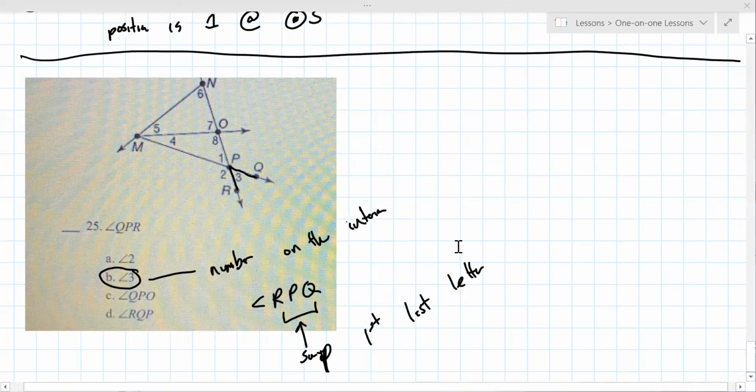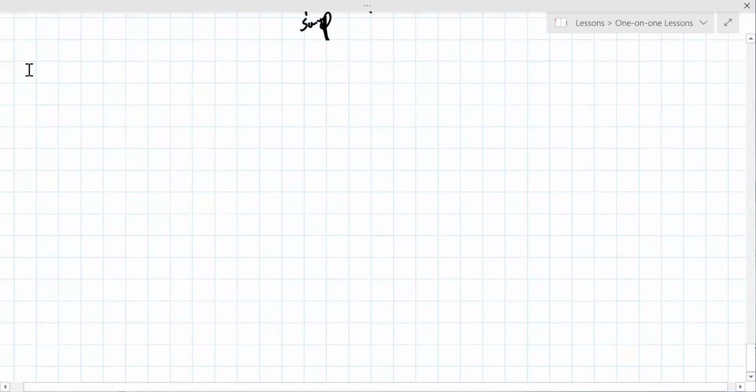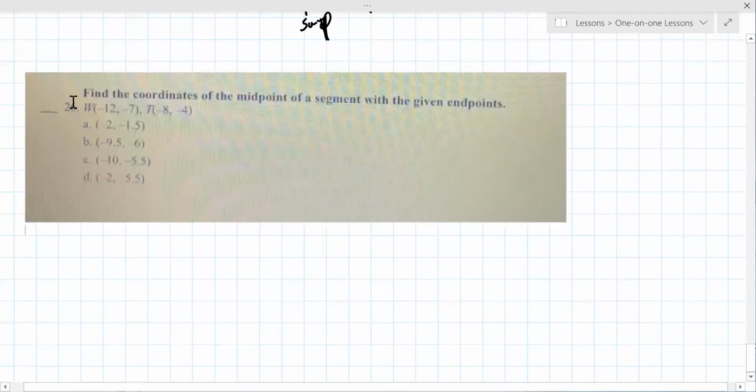All right, so now the next question, 26 says, find the coordinates of the midpoint of a segment with the given endpoints. Okay, so we're finally getting into some numerical problems. The midpoint has a formula. It's also something you've done before, which is finding the average of two numbers.